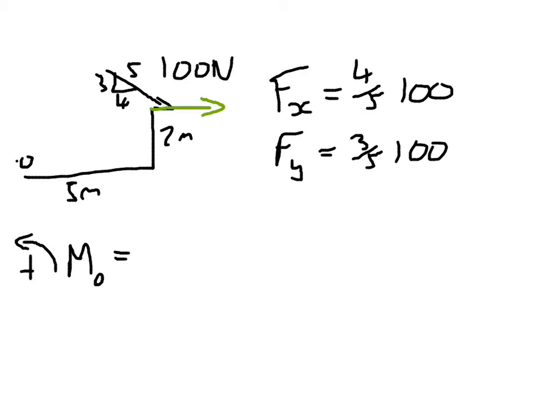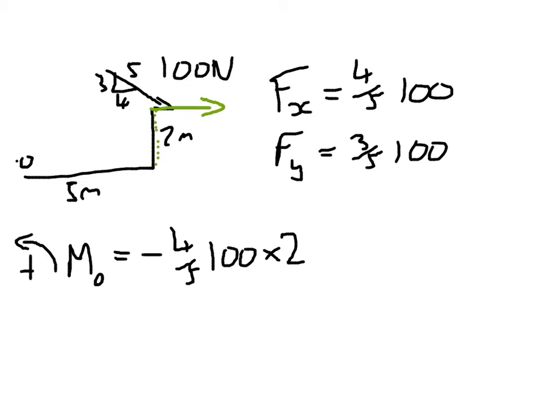It's going to be trying to turn the frame clockwise. So if it's trying to turn the frame clockwise, it's negative 4/5. Where's the perpendicular distance for that? Well, it's going to be this distance here, because that's the perpendicular distance from point O. So it's going to be 4/5 of 100, sorry I missed that, times 2 meters.